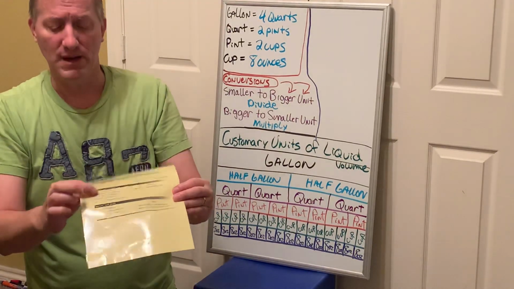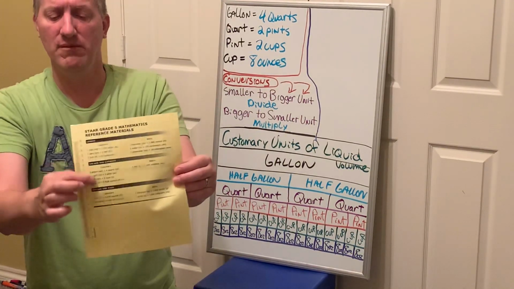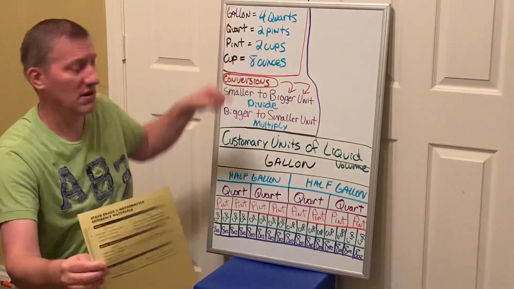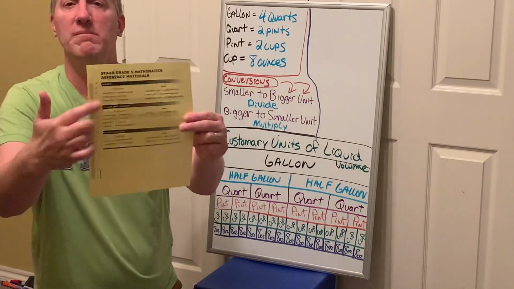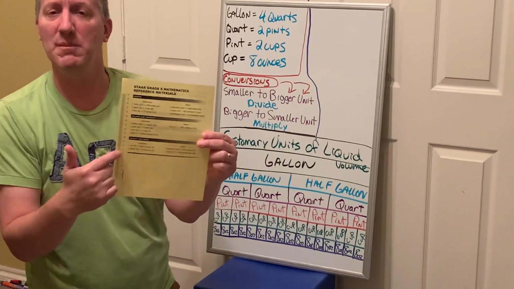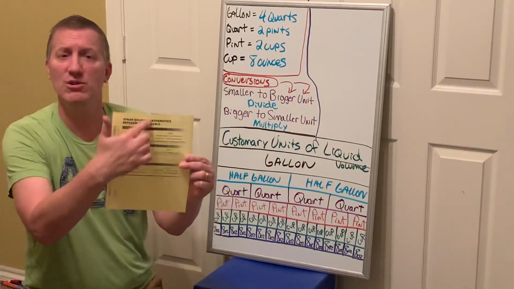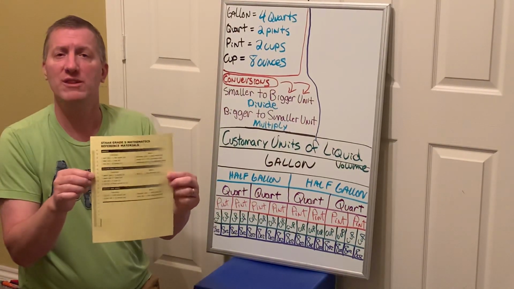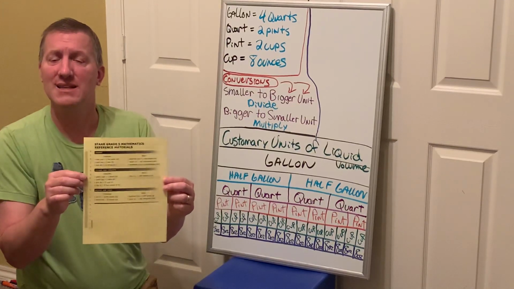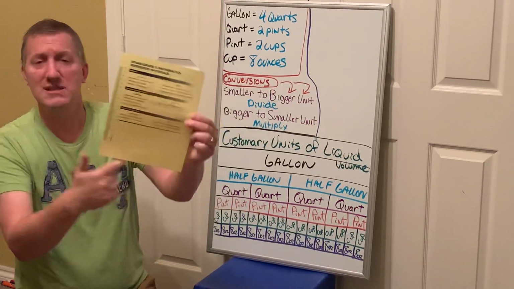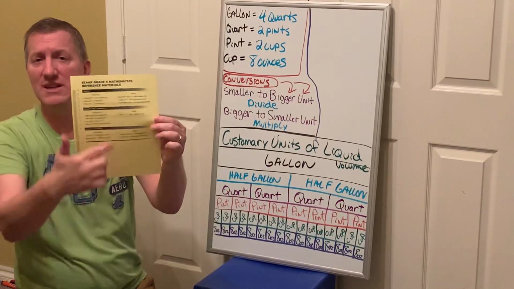Okay, these things right here are on the star chart, and you can probably look this up on Google also. You can probably Google a star chart for 4th grade, state of Texas, and something similar to this will come up.